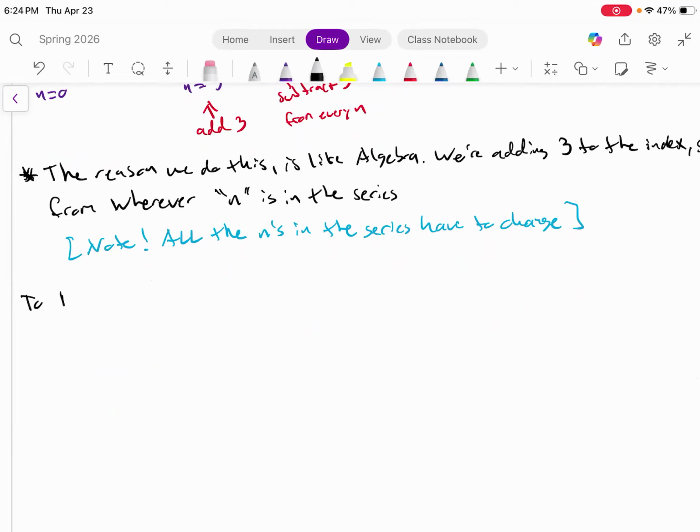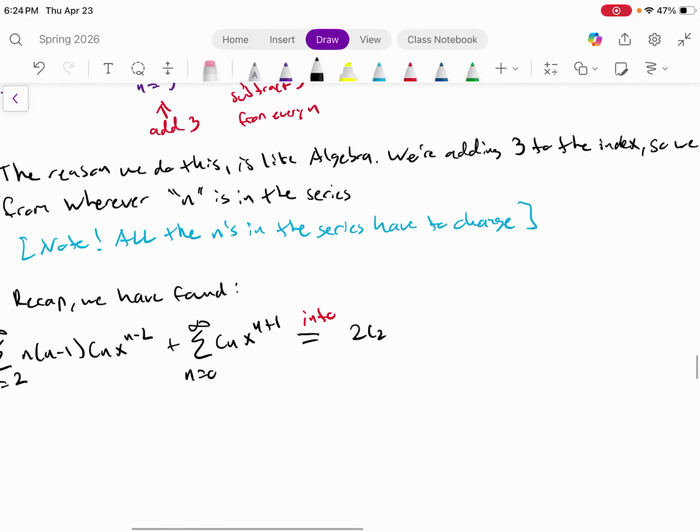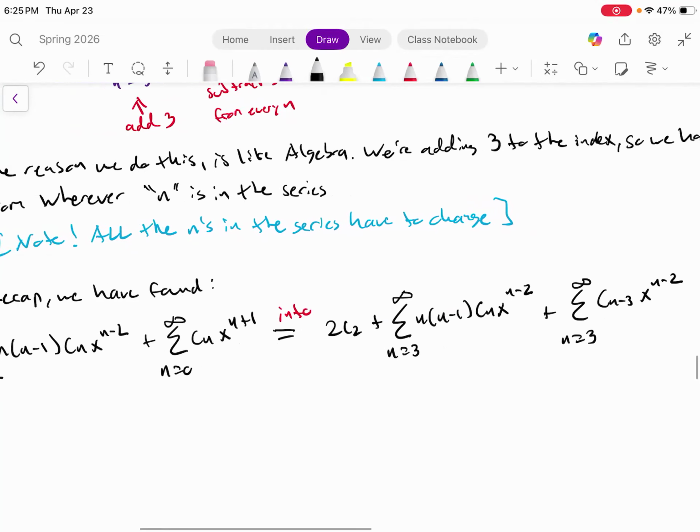To recap, we have found that our beginning series that we were given at the start of this problem, just rewriting what we were given, we turn this into 2c2 plus the series n equals 3 to infinity, n times n minus 1, c sub n x to the n minus 2, plus the series n equals 3, both starting at n equals 3, so we are in good shape, x to the n minus 2. Okay, so that's what we've done so far. Started at the same index.